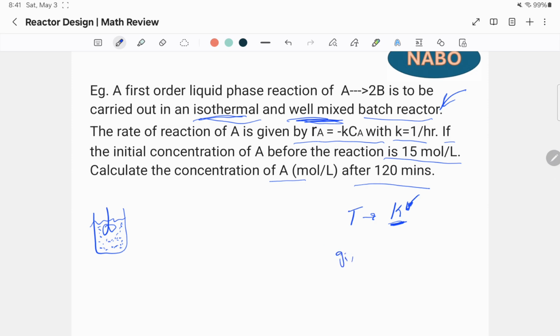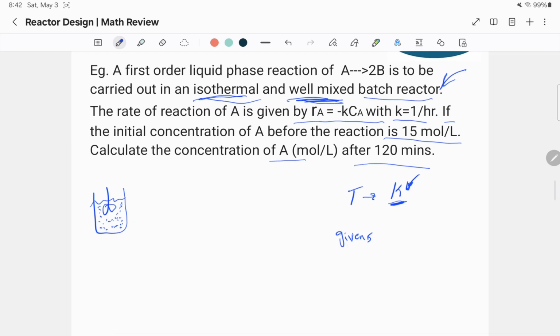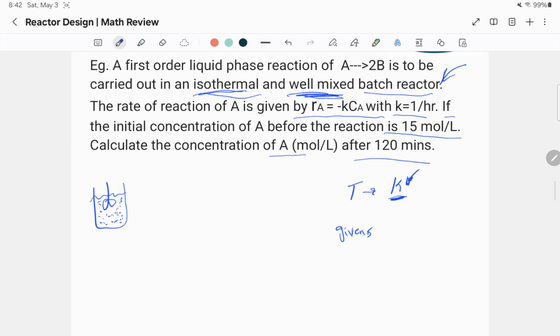Let's start writing down our givens. First, we know that the reaction is A gives you 2B. Rate of reaction equals negative K CA.